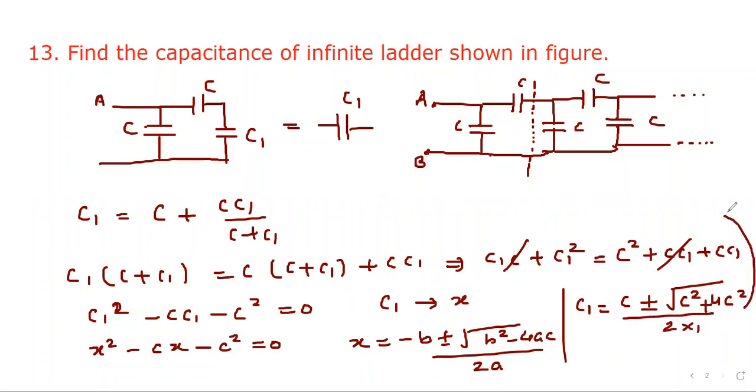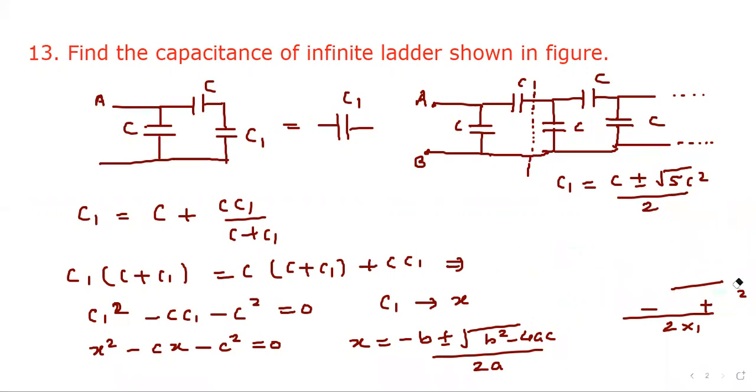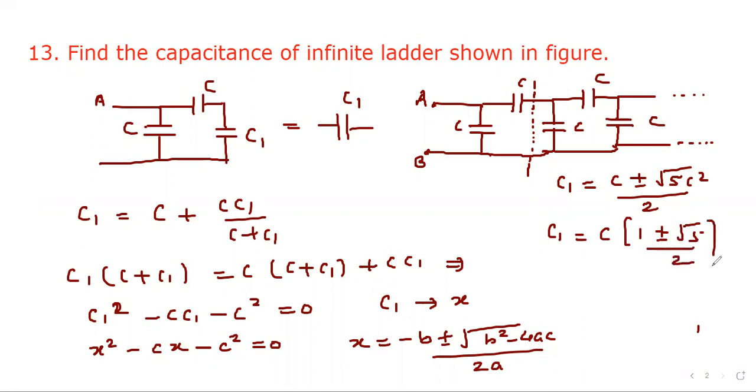So C1 equal to c plus minus root of 5c square divided by 2, which will further become C1 equal to c outside, 1 plus minus root 5 divided by 2.